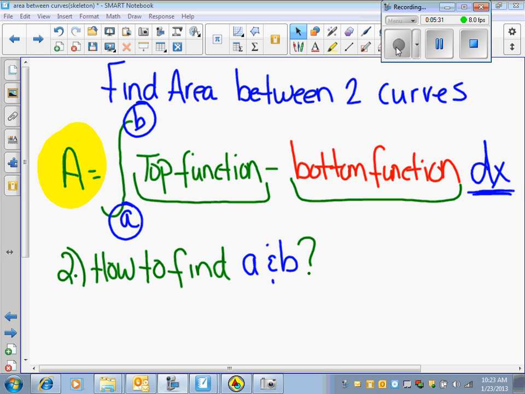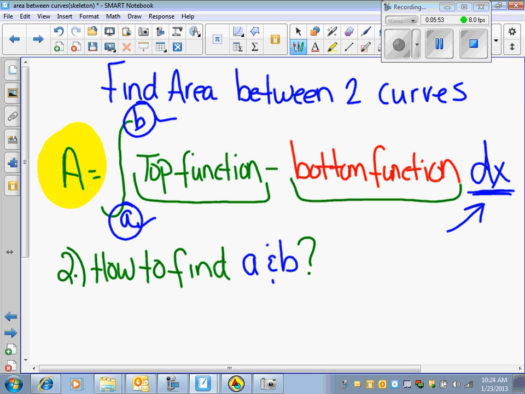The question is, we're fine with finding the top function and the bottom function. We're fine with saying, hey, I can look at this from the x-axis, so I'm definitely going to integrate with respect to x and use my dx. The question is, how do we find our limits of integration? How do we find the a and how do we find the b?